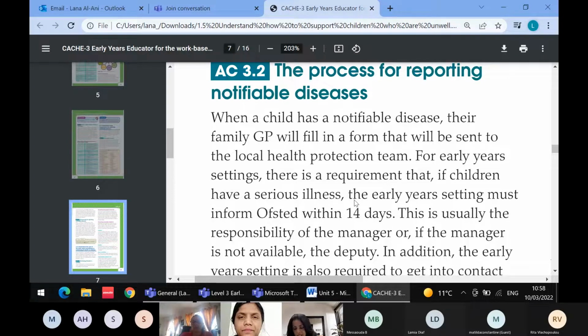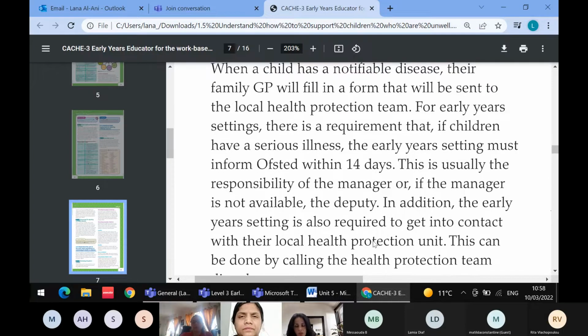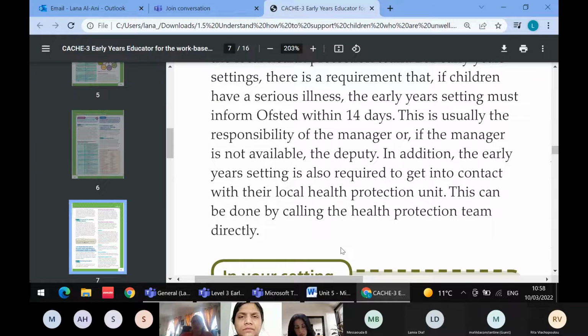And also for the setting, when they find out that the child is ill with a notifiable illness, they must by law report it within 14 days. This is normally the responsibility of the manager of the centre or the deputy manager. So they have to inform the local authority protection team by calling them and informing them directly.